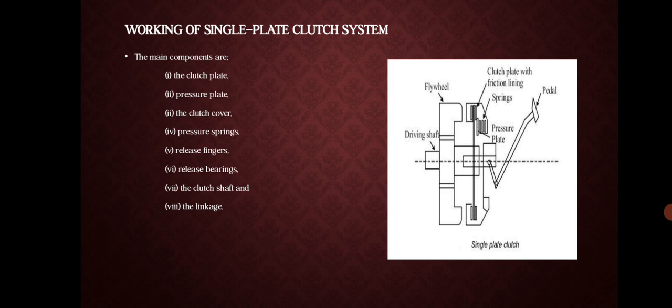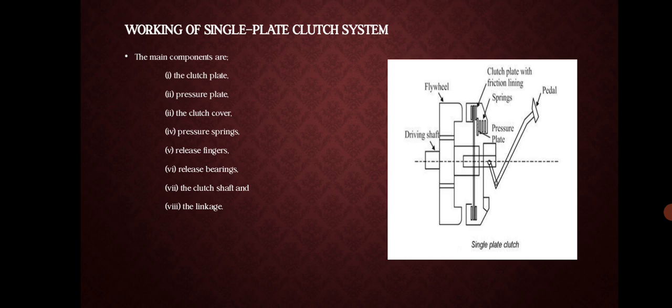The clutch cover is bolted to the flywheel and the clutch plate is mounted on the spindle part of the clutch shaft, the front end of which is freely supported on the pilot bearing fitted in the flywheel and the other end passes through the release bearing.